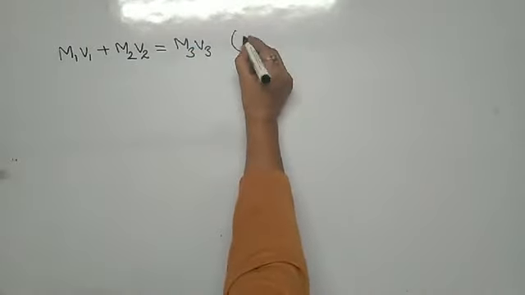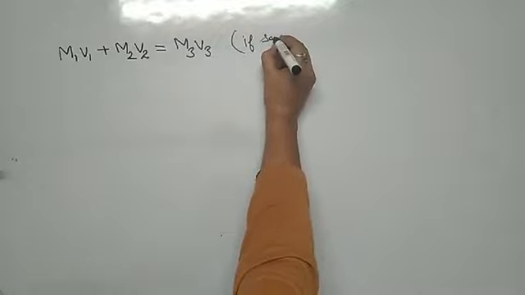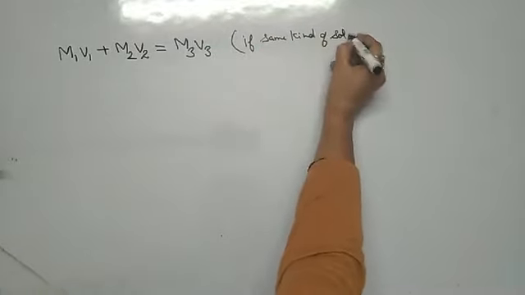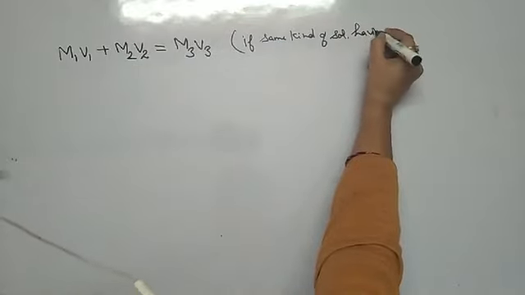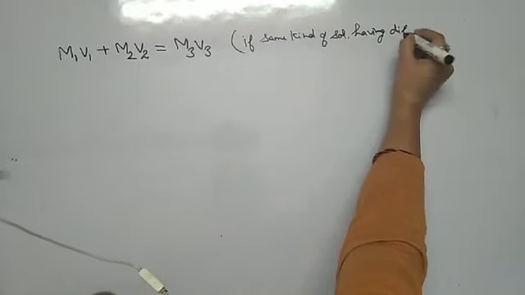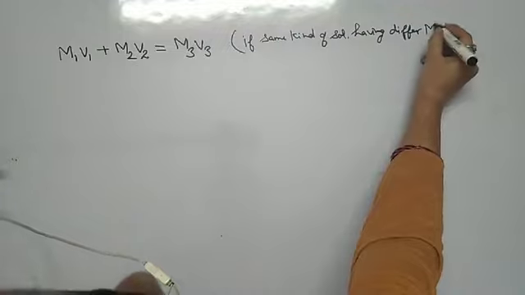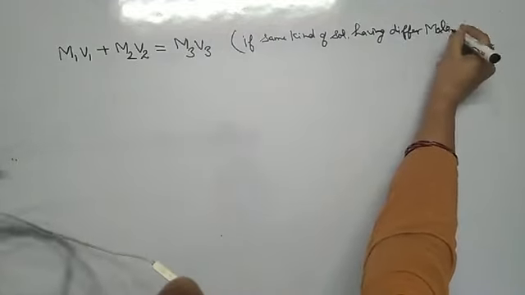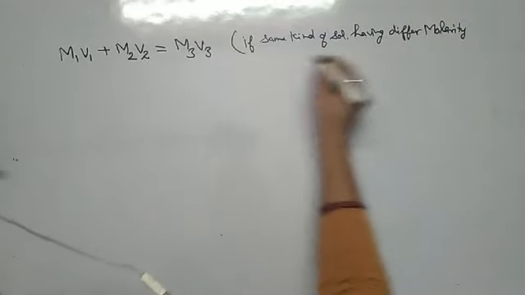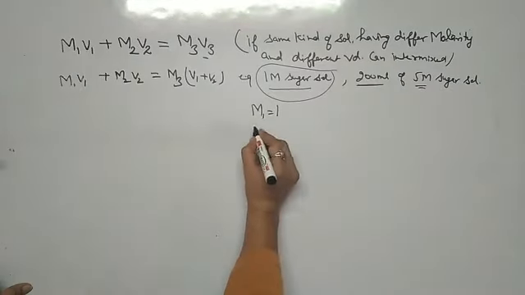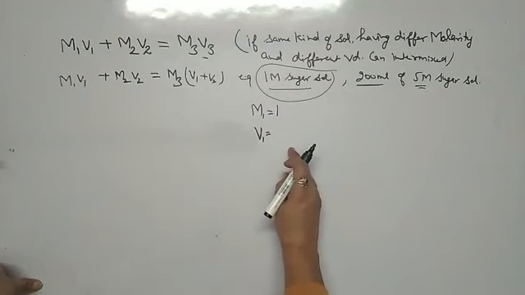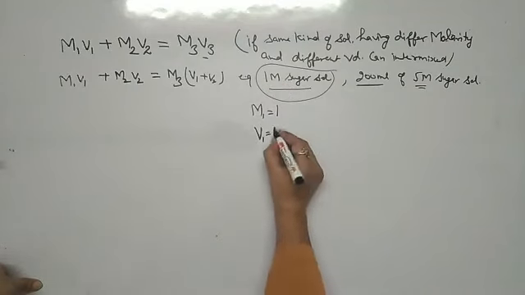If the same kind of solutions have different molarity, I write molarity to be 1, and V1 is equal to 1000 ml, because molarity is always for a liter.